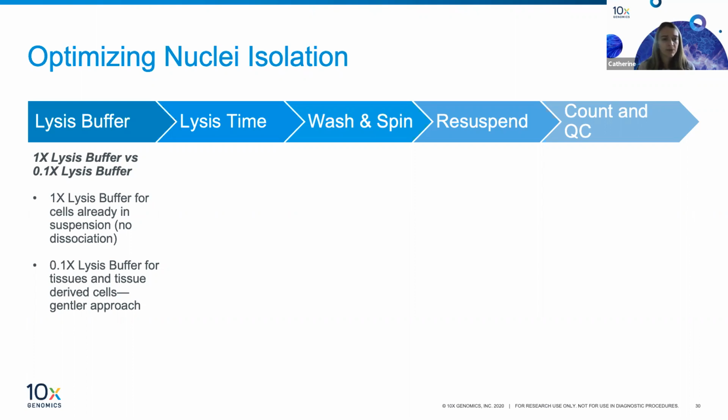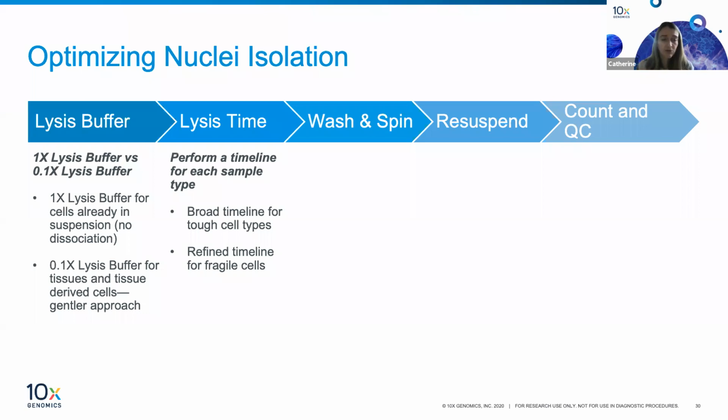For those from tissues, we start with a gentler approach. This is a great place to start, but you might find that you need to reduce the stringency of your lysis buffer if you're getting over lysis and it's not performing well.